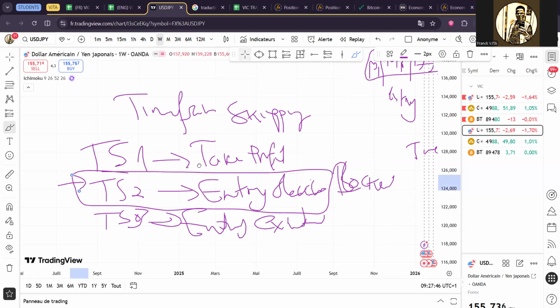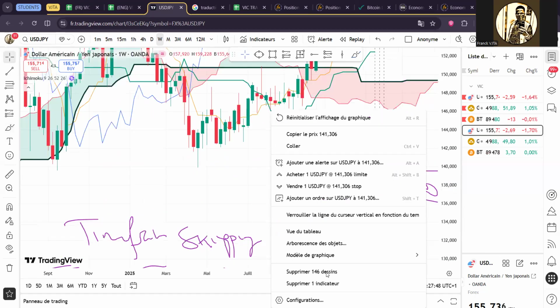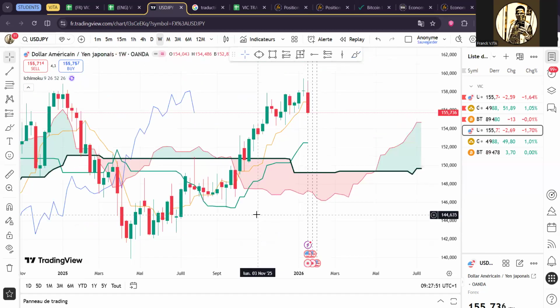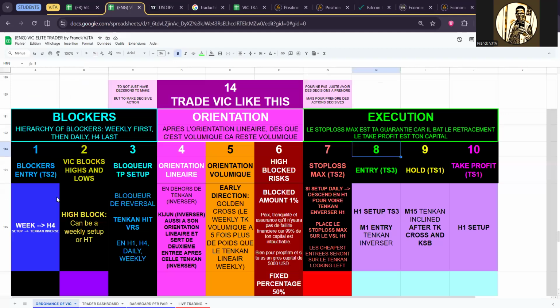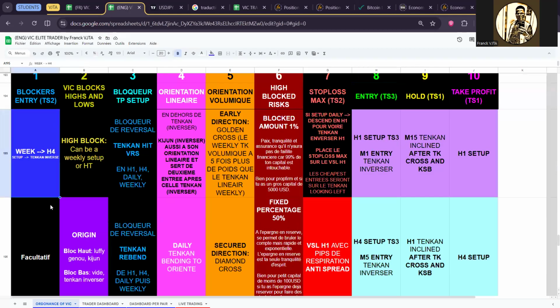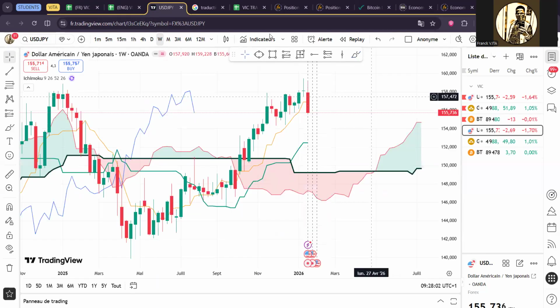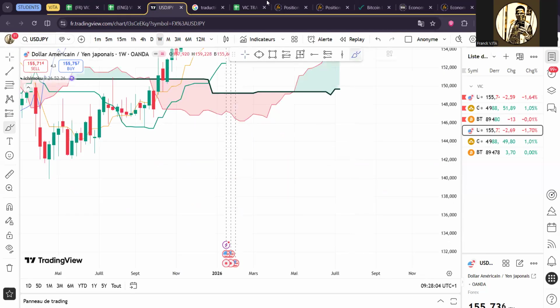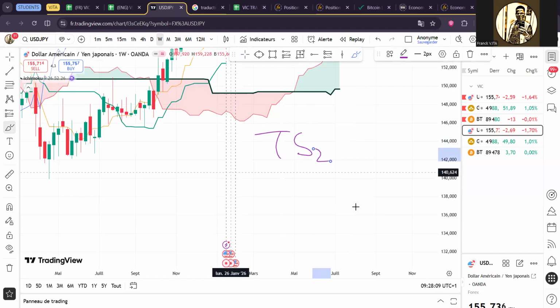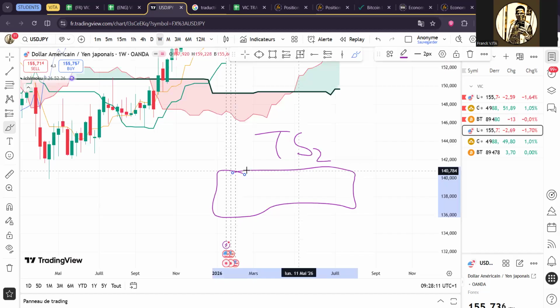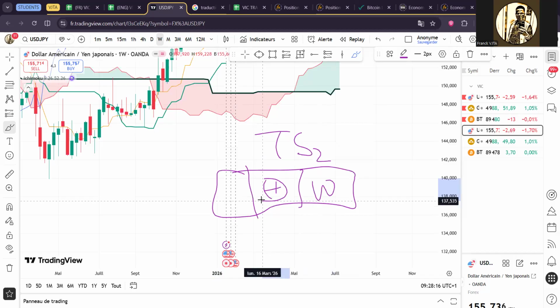So let us look at the TS2 now. The most important blocker type is called TS2. To find it, you need three time frames: the weekly time frame, the daily time frame, and then the H4 time frame.